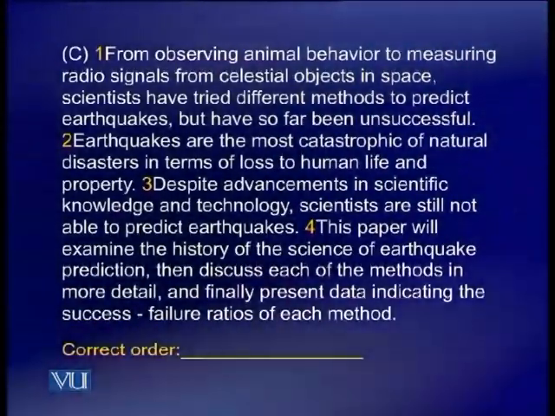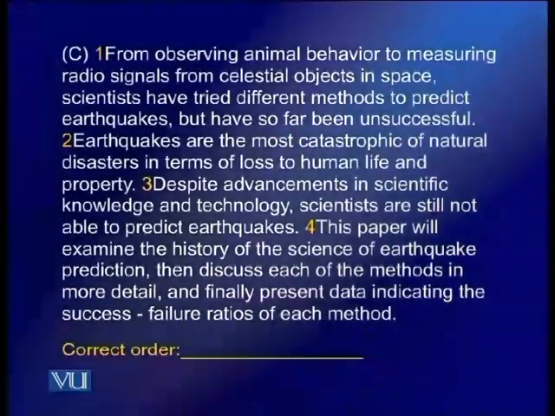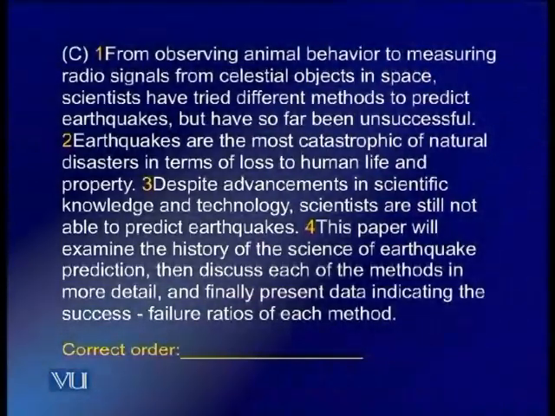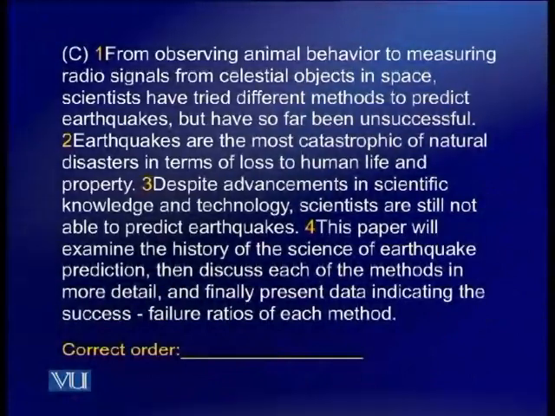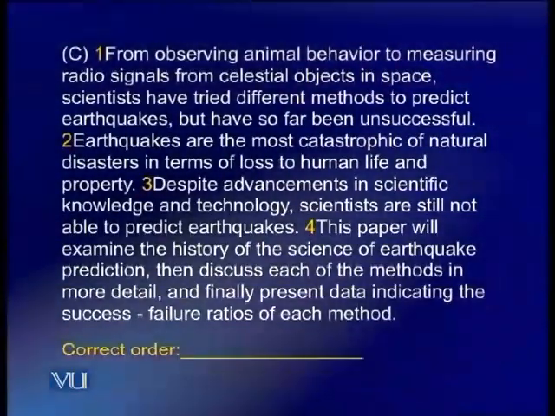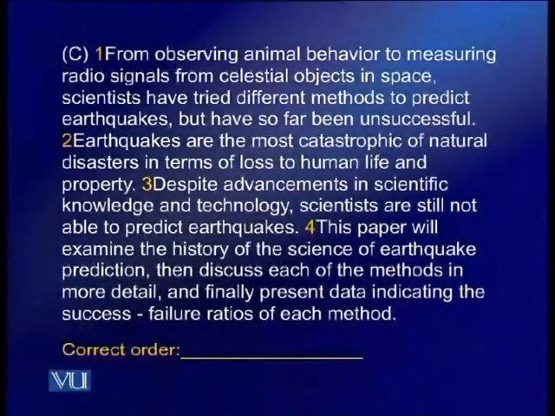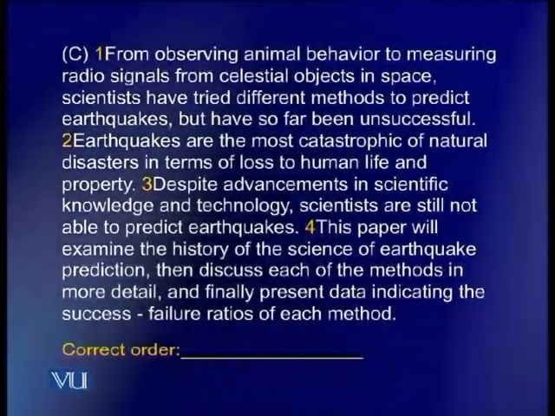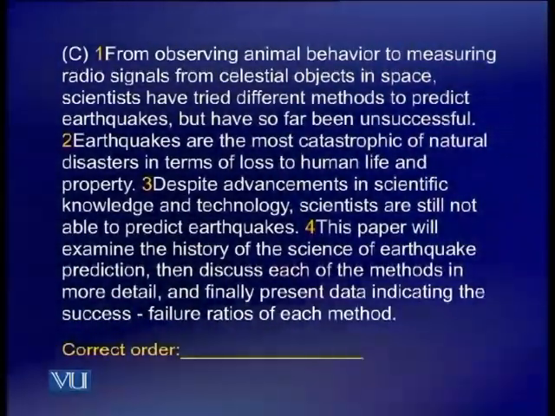Despite advancements in scientific knowledge and technology, scientists are still not able to predict earthquakes. This paper will examine the history of the science of earthquake prediction, then discuss each of the methods in more detail, and finally present data indicating the success-failure ratios of each method.